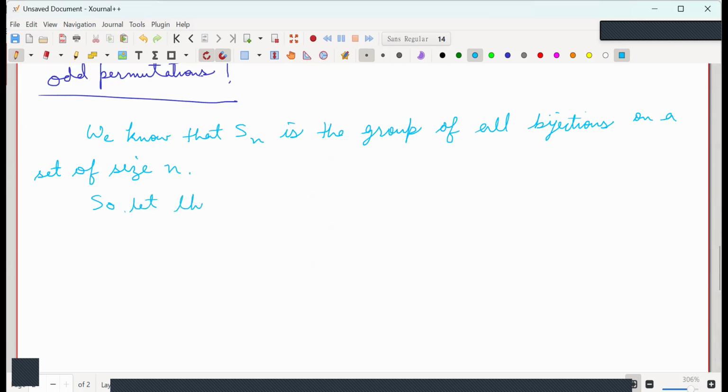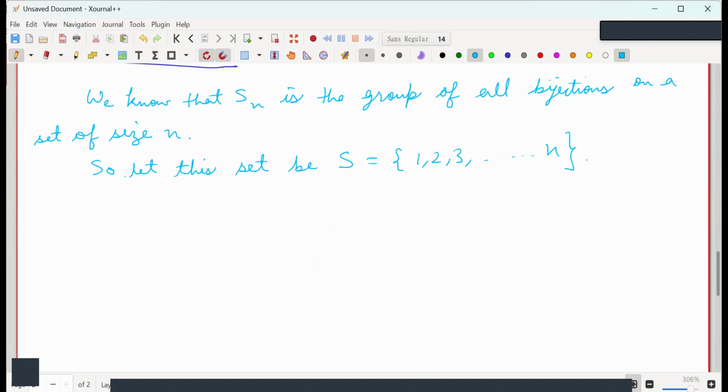This set we can consider to be just the numbers from 1 to n. Let this set be S, which contains 1 to n many letters. So Sn will be just all bijections from this set to itself, right?